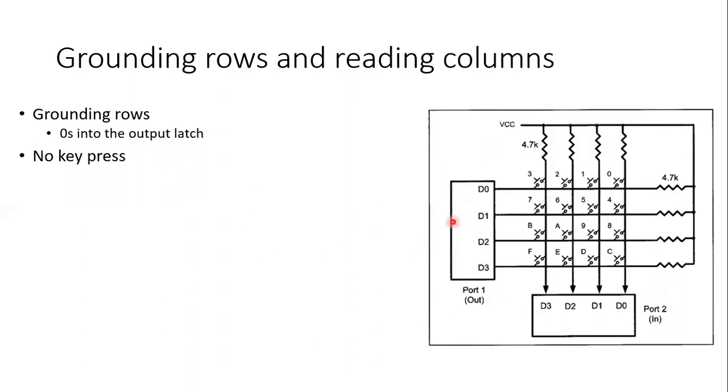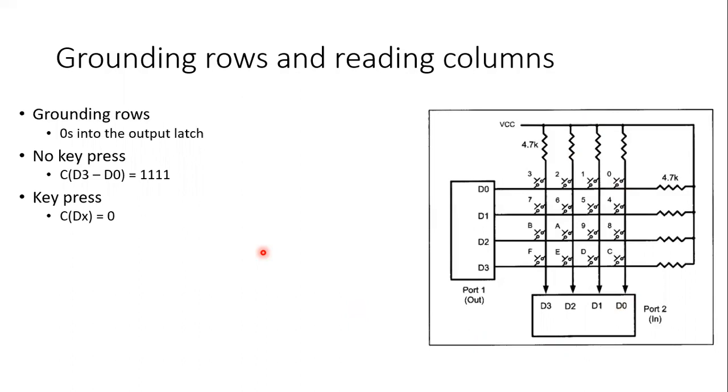If there is no key press, any idea what the column value would be? Very good, all the columns will have the logic value 1. If there is a key press, the corresponding column will have the value 0, because the key press makes the connection between the rows and columns.